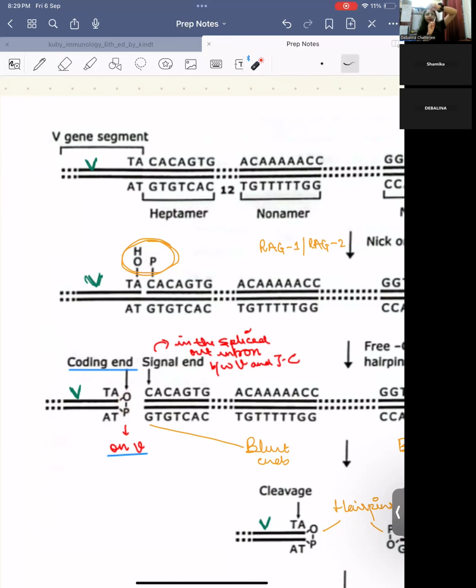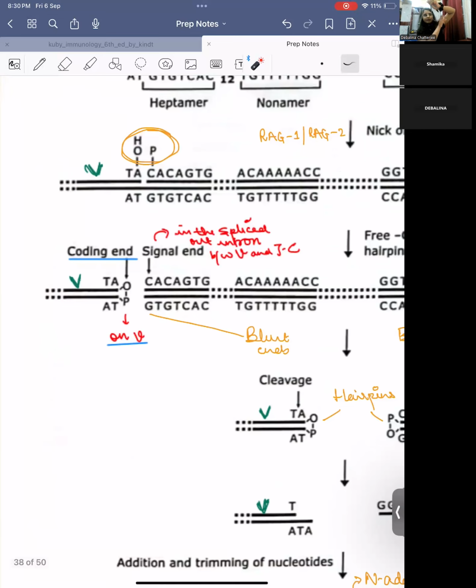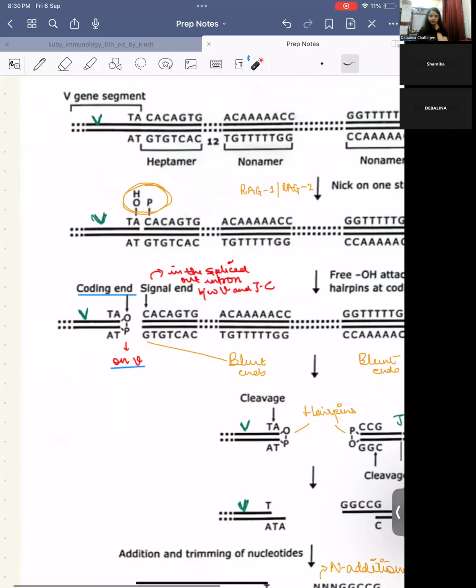Now this hairpin can be acted upon by endonucleases at different points, and then we have the nucleotide addition and everything possible. So ultimately, the removed portion gets joined in between the cuts that the endonuclease has made. Say if the endonuclease cuts somewhere here, right?